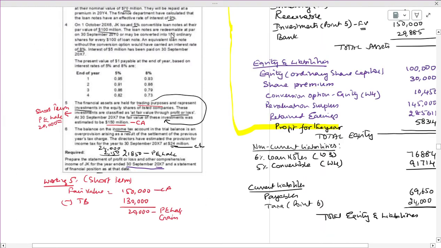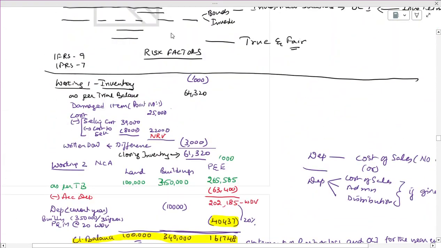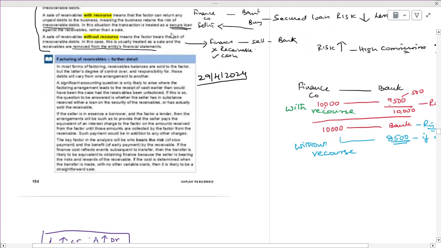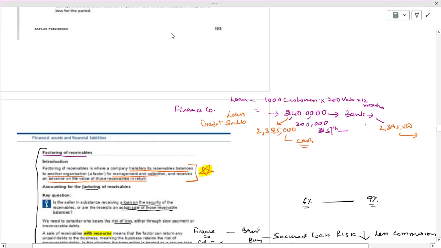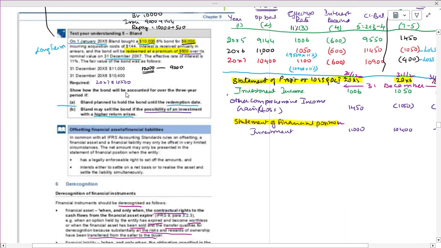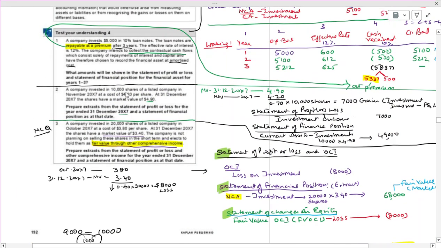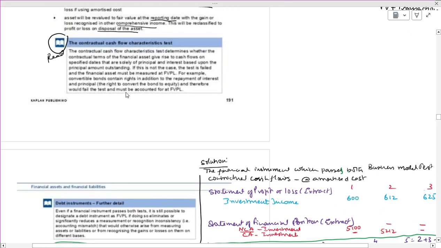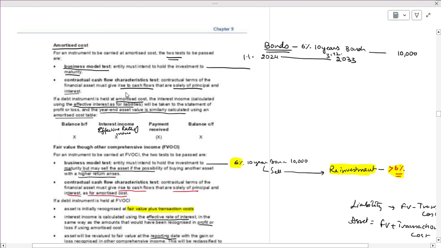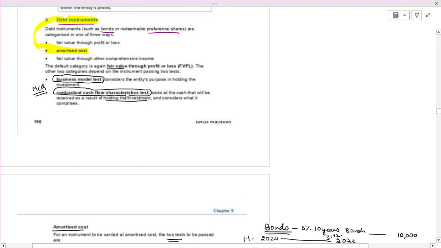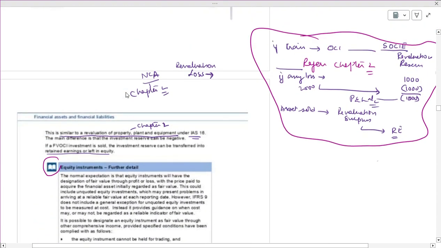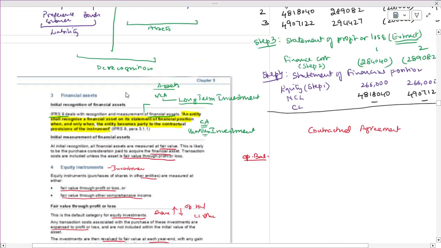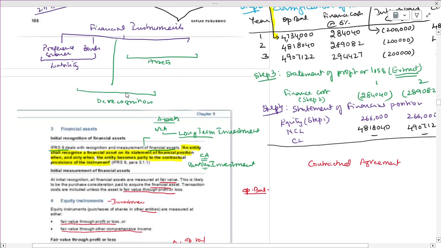I will go back to the preference shares. We have done this, but I will go over it just to make sure that you have clarity. Derecognition, preference shares is there somewhere. Debt instruments, amortized cost, equity instruments, financial assets.